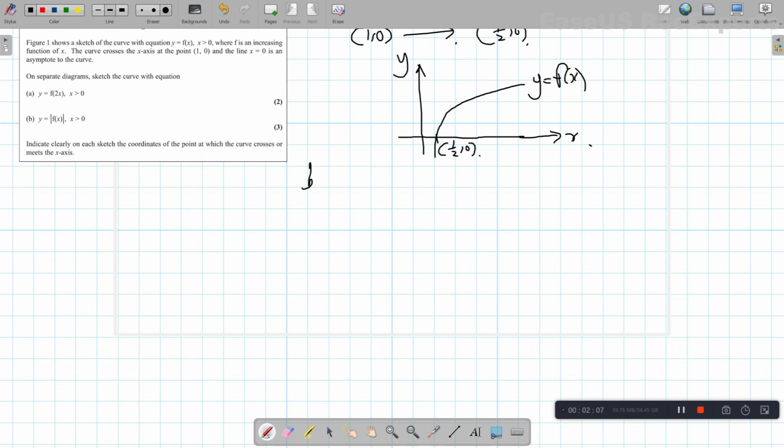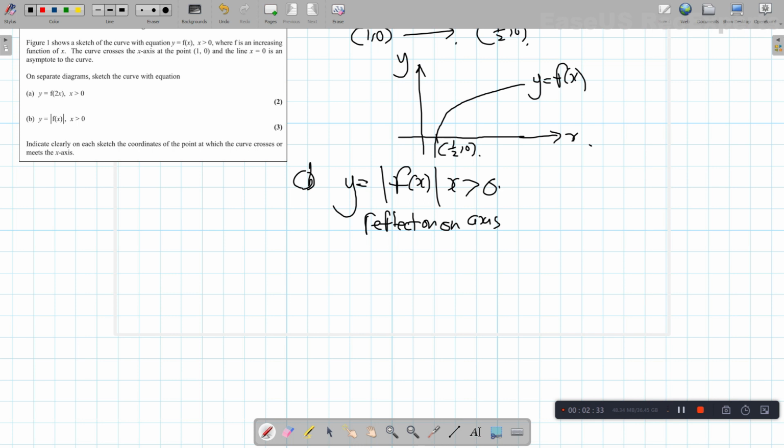Okay, next, y equals modulus f(x). Okay, this is for b. y equals modulus f(x), where x is greater than 0. This is a reflection. All the negative region which is below the x-axis gets reflected on the x-axis.